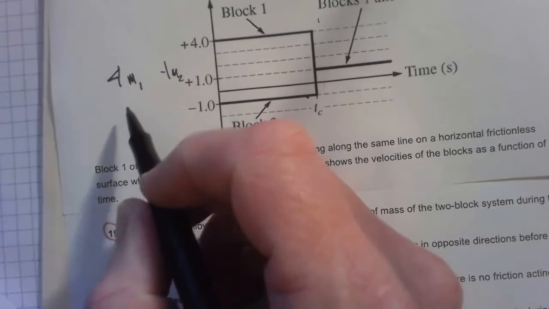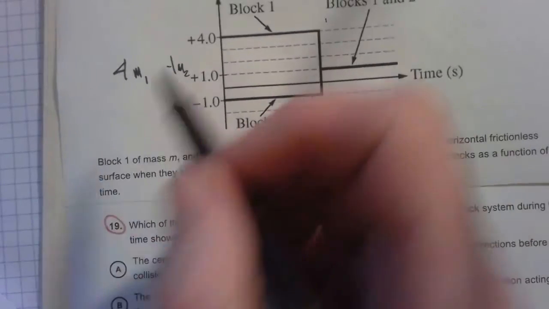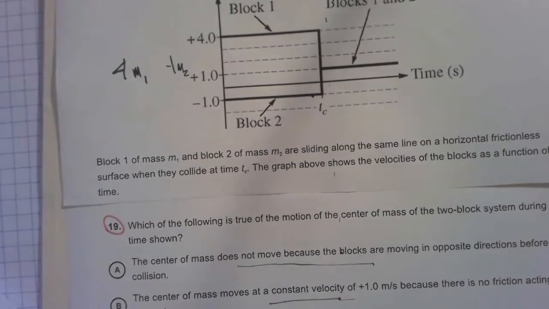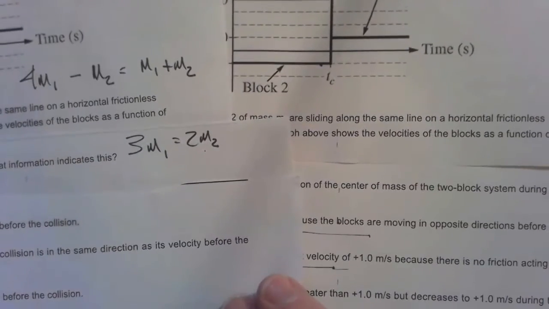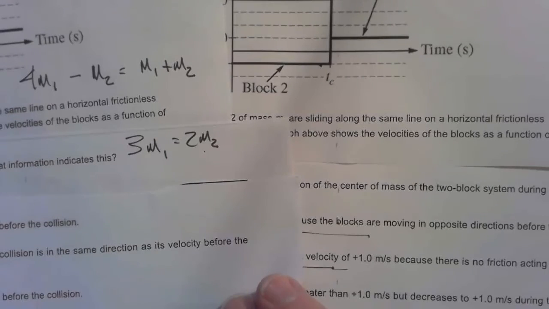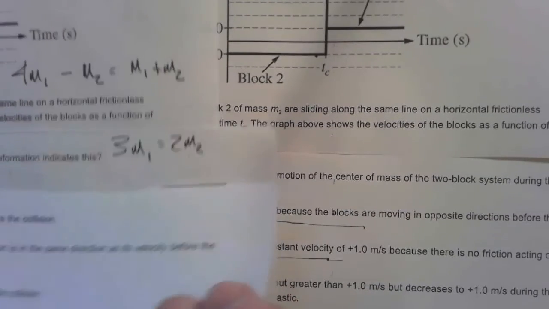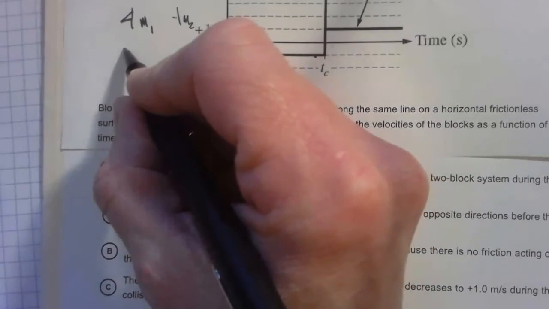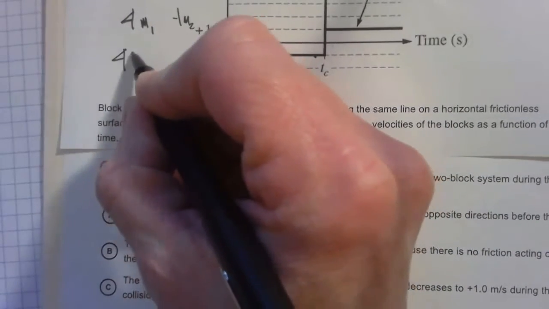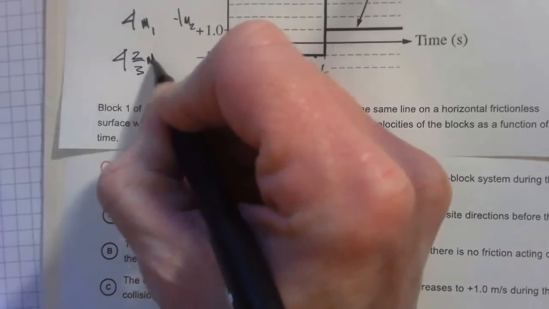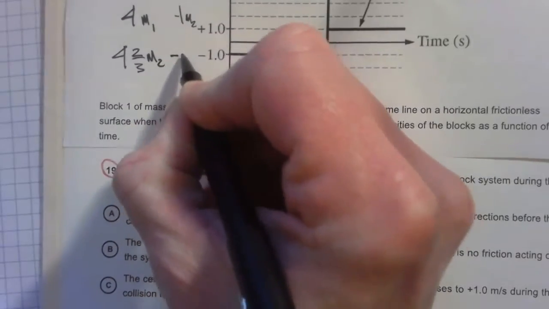Later, we did find out that if we wanted to, we could describe block m1 is 2/3 of m2, so I could say this is 2/3 of m2 minus m2.